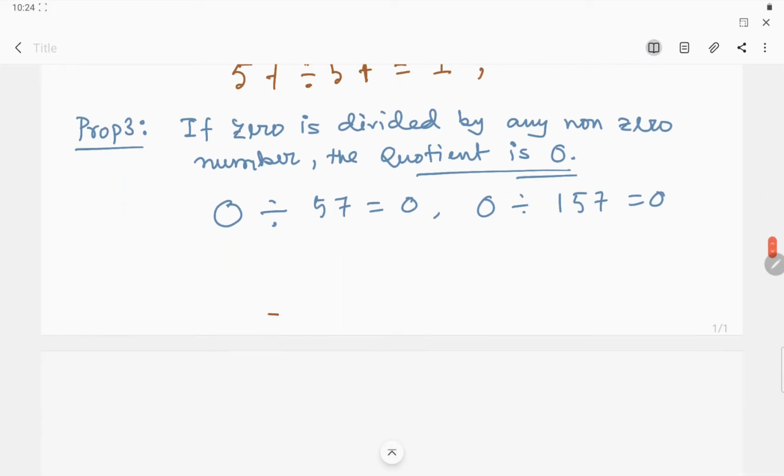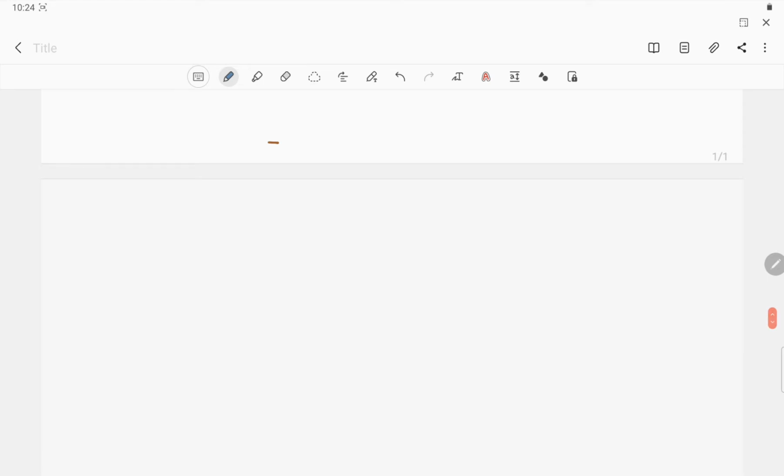But if I divide, for example, 93 by 0, what will you get? Please remember this, it can't be divided.